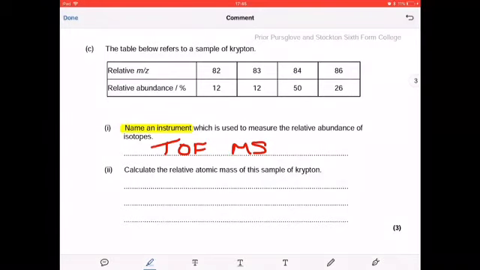Question after that is calculating relative atomic mass, and that's the phrase that you're looking for when you've got mass spectrometry data. And this is the standard 2-3 mark question where you use the data in the table above.